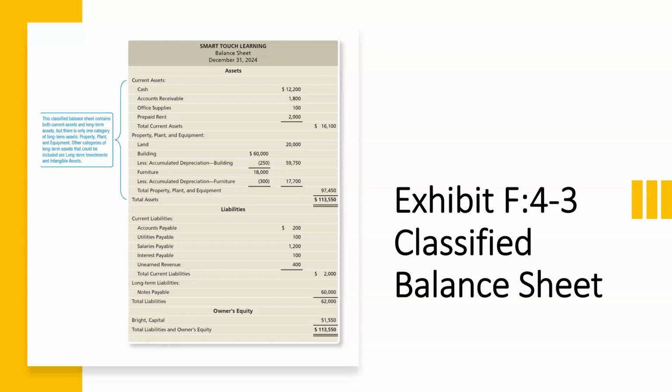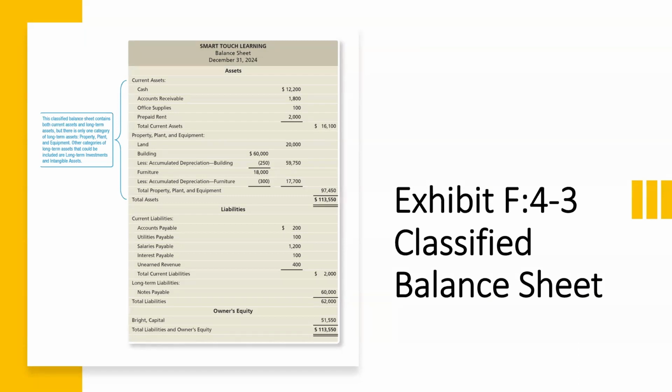Here you see an exhibit of the classified balance sheet. Now, the classified balance sheet includes categories for current assets, long-term assets, current liabilities, and long-term liabilities.